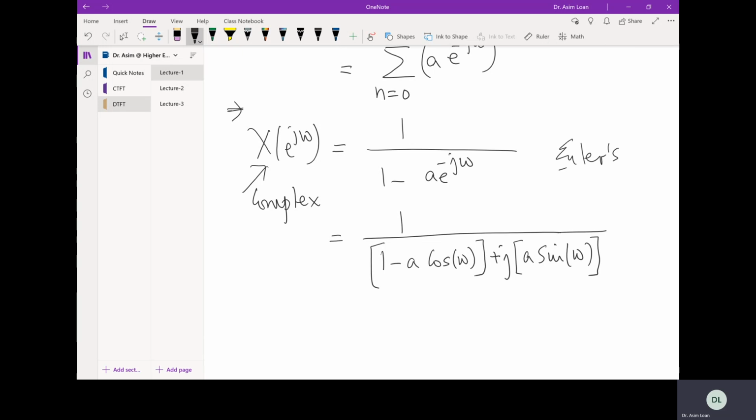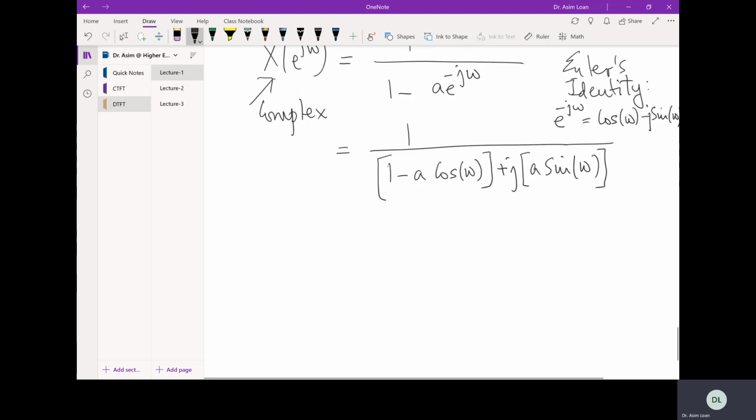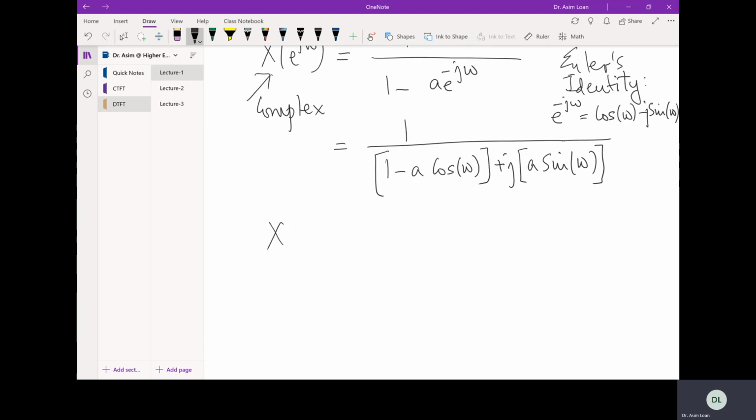Euler's identity says e to the minus j omega is cosine of omega minus j sine of omega. So this minus with this minus becomes a plus j. And what is the magnitude? The magnitude of X of e to the j omega is simply 1 over the square root of this square plus this square.